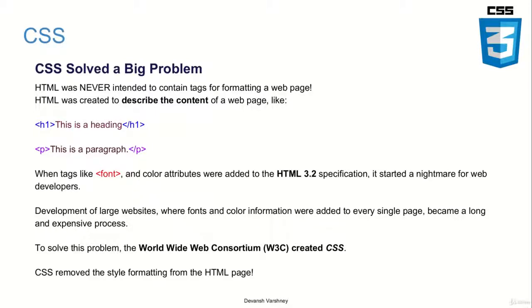And CSS3, which we are learning right now, has a much wider scope, which it divides into modules. The modules include selectors, box model, backgrounds, images, 2D and 3D transformations, and animations. So CSS3 consists of a lot more than the two previous versions.